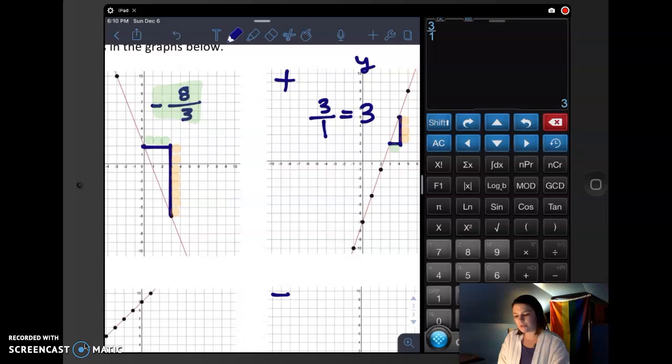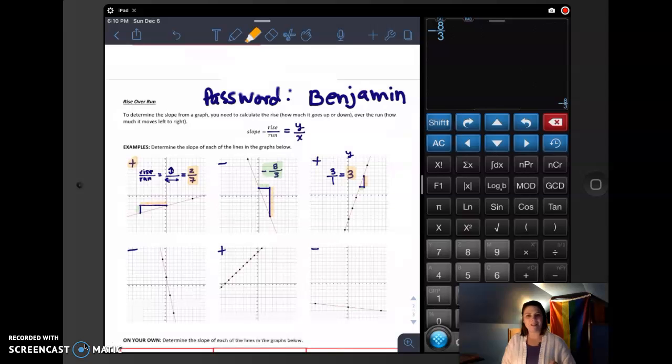So we want to make sure that we're rewriting our answers as reduced answers. You can always put in your answer and double check that it's reduced. So for example, for the last one, 8 over 3 comes back as that. We want to turn it to a fraction. It's the same thing. So we know it's fully reduced.